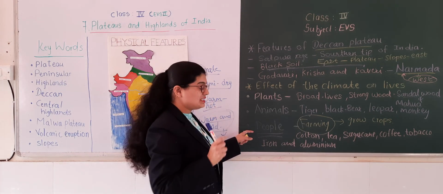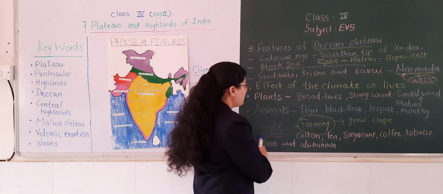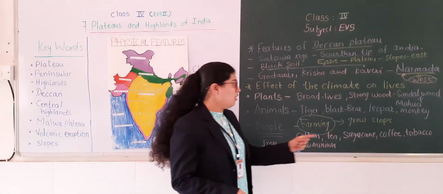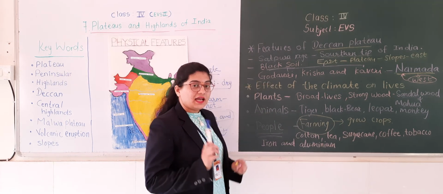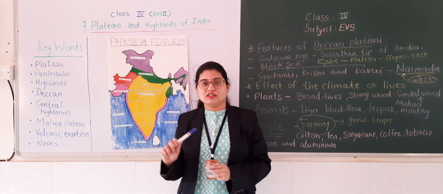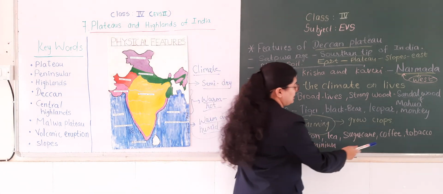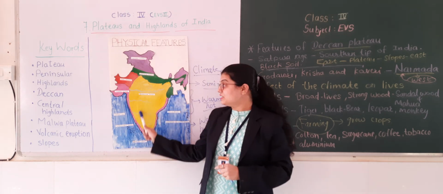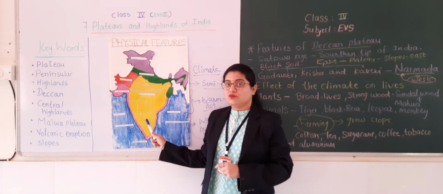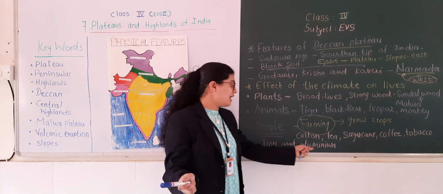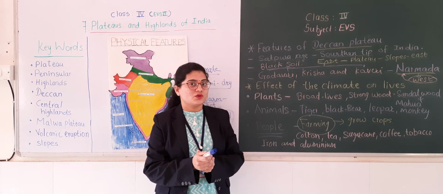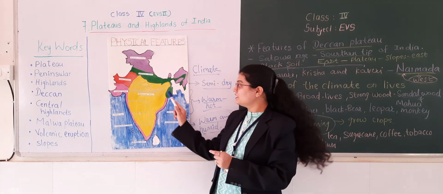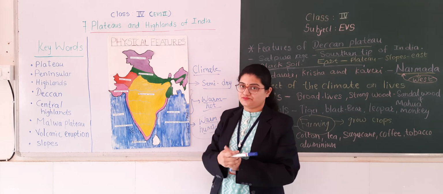About the people, the main occupation of this region is farming, and they grow crops such as cotton, tea, sugarcane, coffee, tobacco, etc. As this region is mineral rich, we find iron and aluminium in large amounts, so we have different factories and industries too, especially in the Chota Nagpur region.